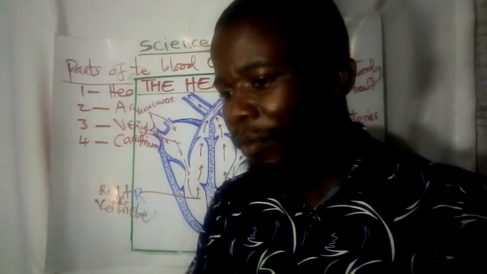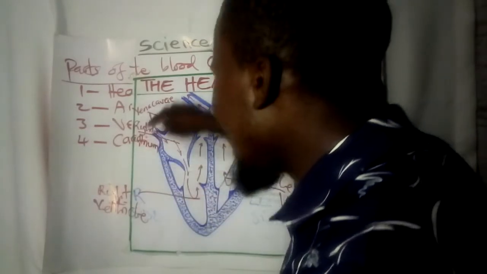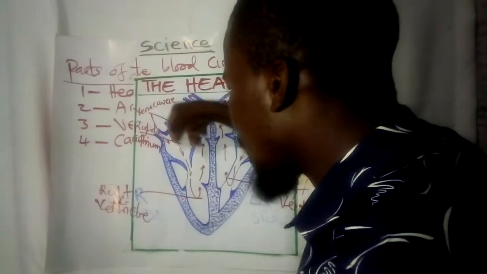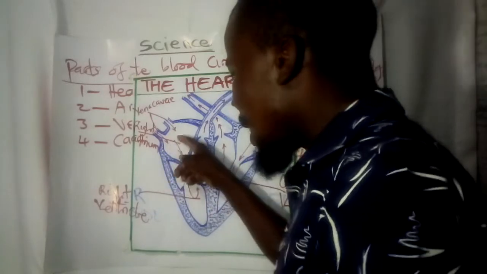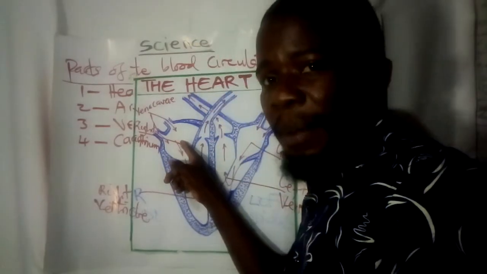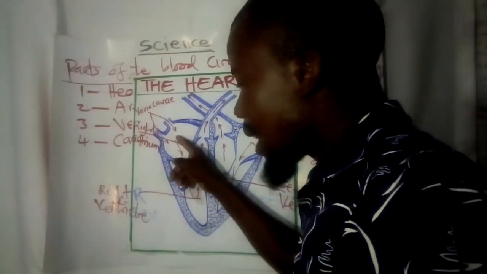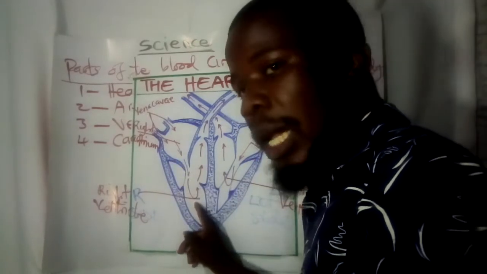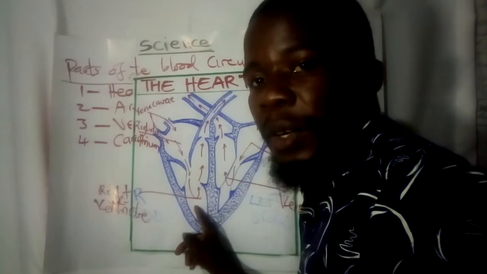Now, this blood enters the heart into the first chamber of the heart, which is the right atrium. From the right atrium, the blood goes into the right ventricle.